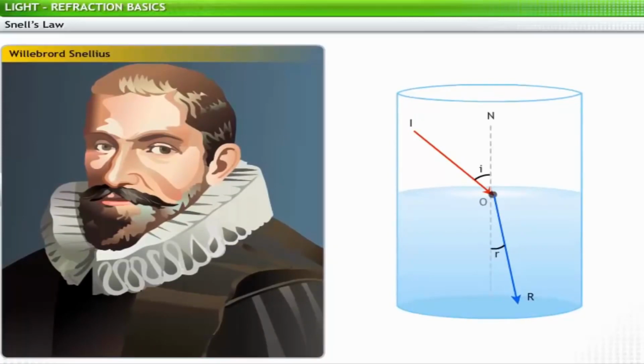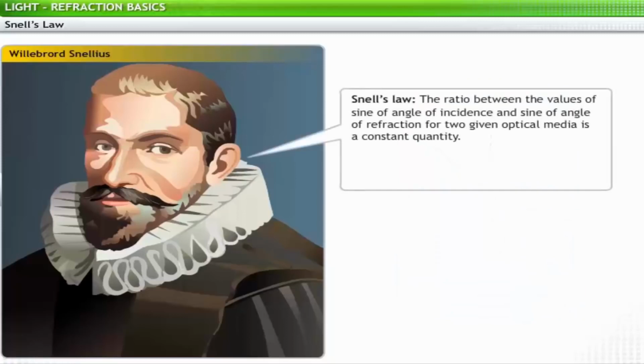On the basis of this knowledge, he proposed a law to measure the refractive index of a material. This law is known as Snell's law. According to Snell's law, the ratio between the values of the sine of the angle of incidence and the sine of the angle of refraction for two given optical media is a constant quantity.